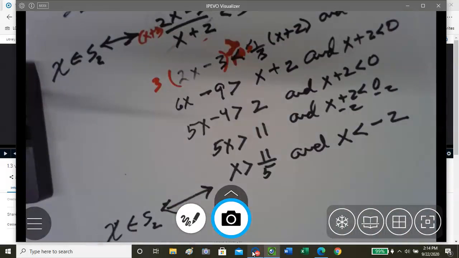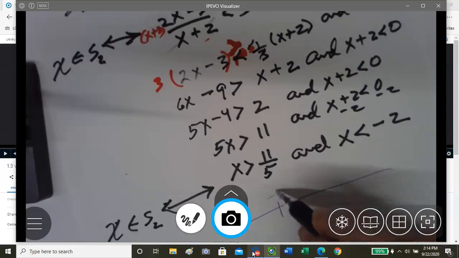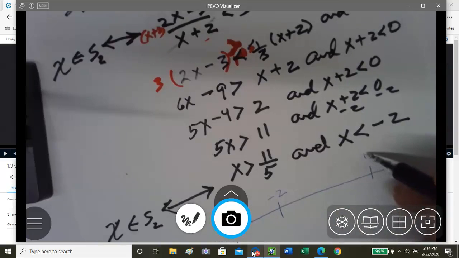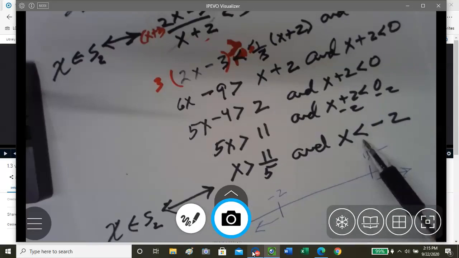From there, we draw our number line, and we have negative 2 and we have 11/5. Here we're saying x is greater than 11/5. And here we're saying x is less than negative 2. Well, it can't be both. It can't be greater than 11/5 and less than negative 2.